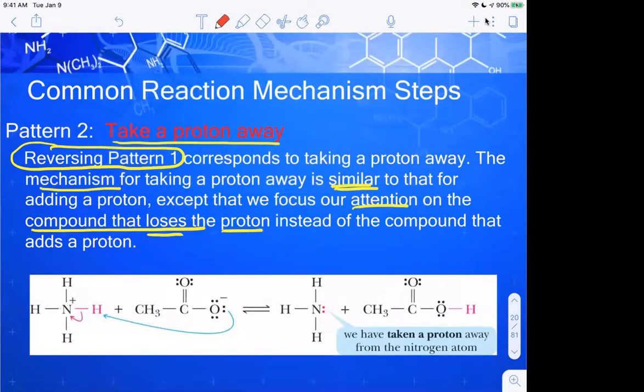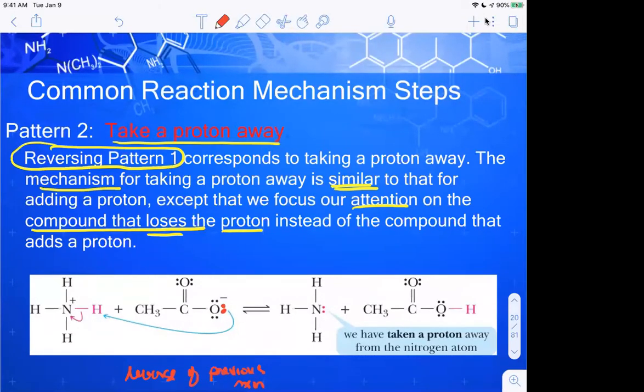So in this example, I have my negative charge lone pair. Now this is the reverse of the previous reaction. So it really depends on your perspective on what the step in the mechanism is.